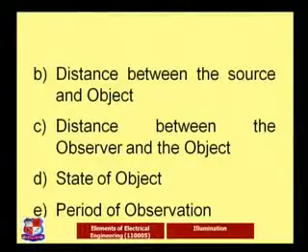The second one is the distance between the source and the object. Now to see the things properly, we have to decide the distance. Means if the distance between the source and the object is more, the requirement of the illumination is going to be higher.